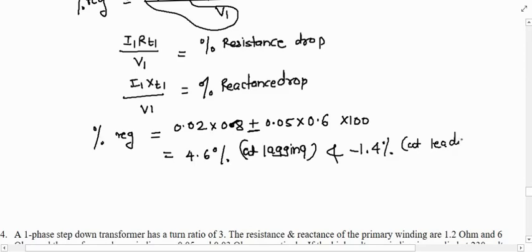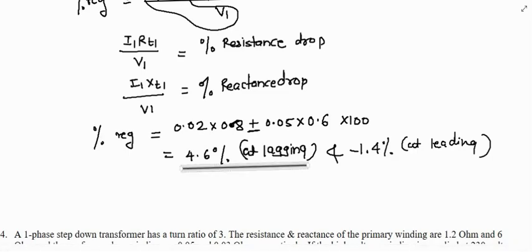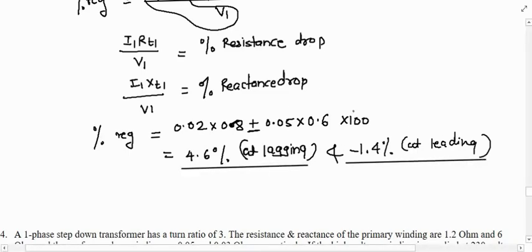For leading you have to take the negative sign. So this is the answer for lagging and this is the answer for leading. Now let us move to the next problem.